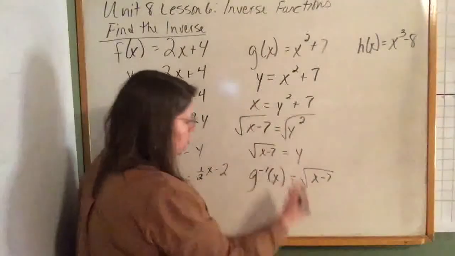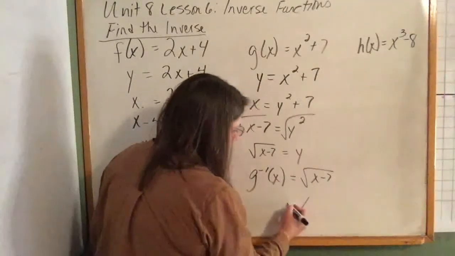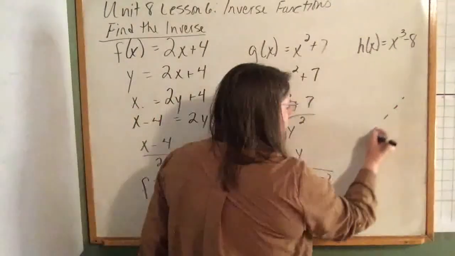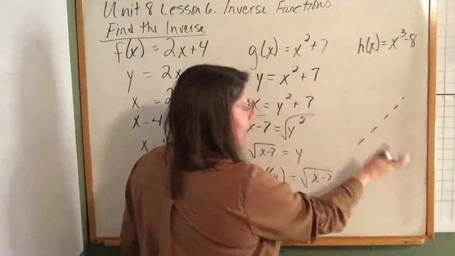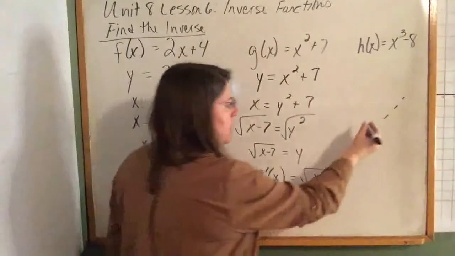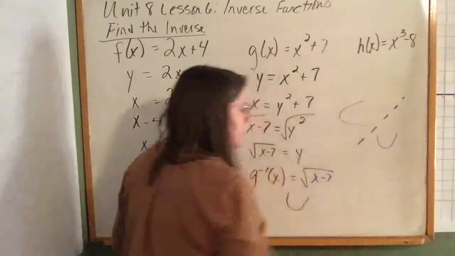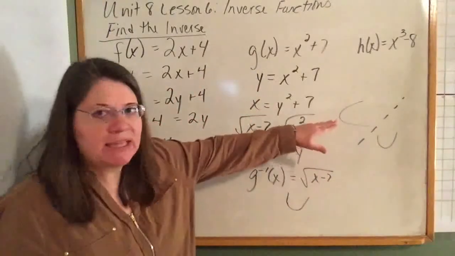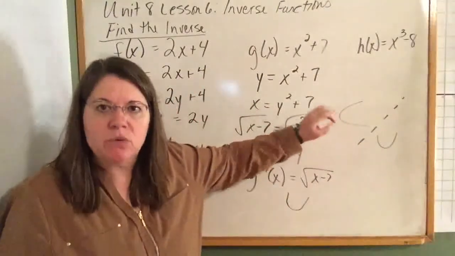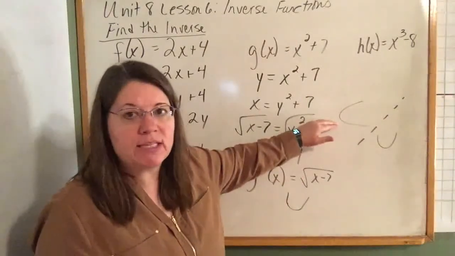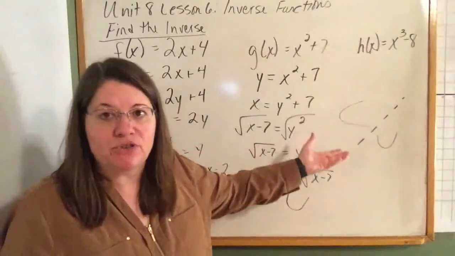The original function is a parabola that's facing up. If I flip that across the y equals x line, isn't it going to look something like that? And if it looks something like that, it's no longer a function. So we can only consider the positive portion of this. We're not going to consider the negative, because if we do, it's not a function any longer.